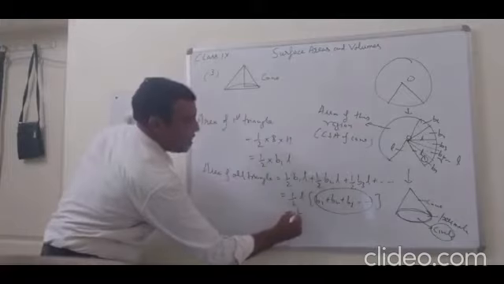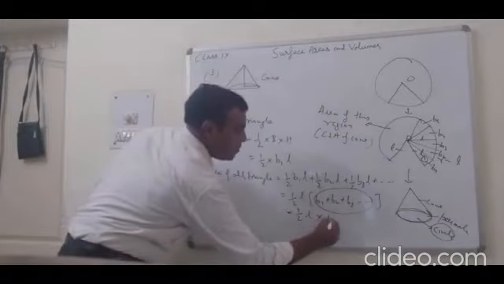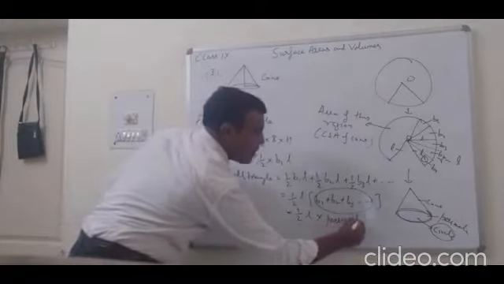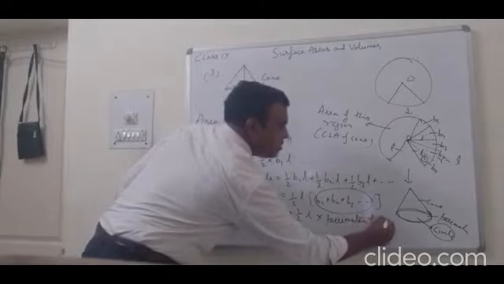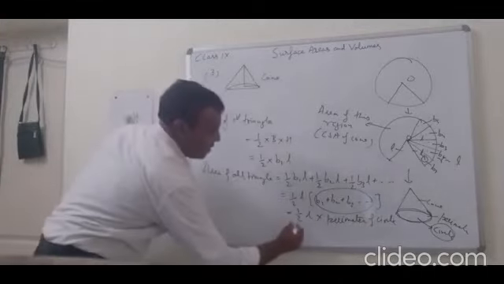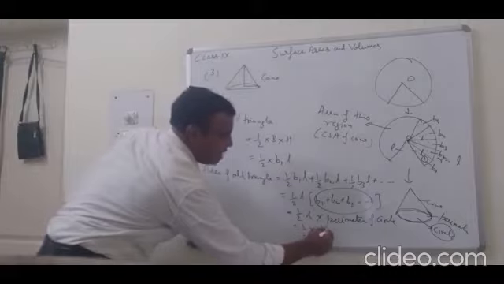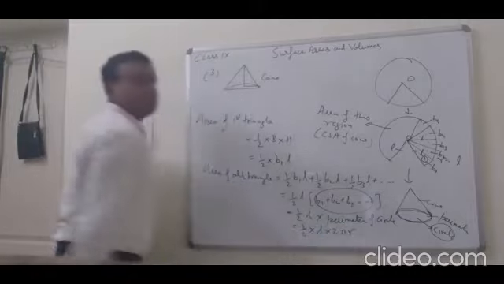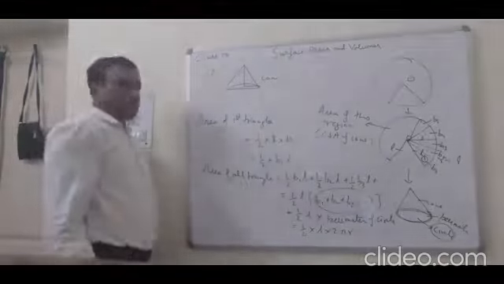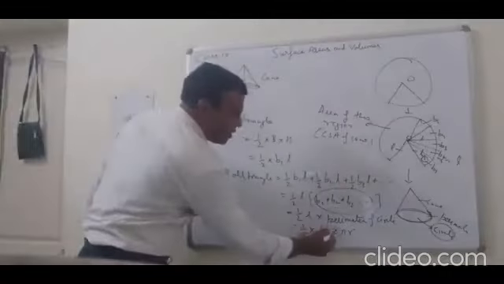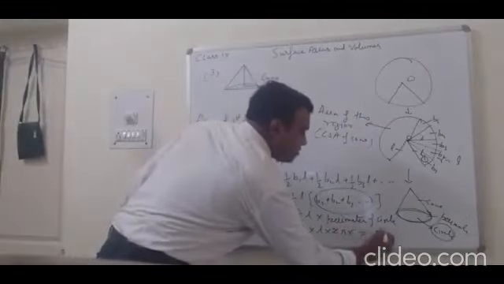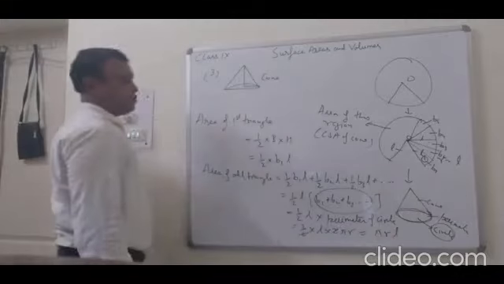So it is half into L into the perimeter of the circle, which is 2 pi r. So it becomes half into L into 2 pi r. 2 and 2 cancel. So the area of curved surface of cone is pi r L square unit.